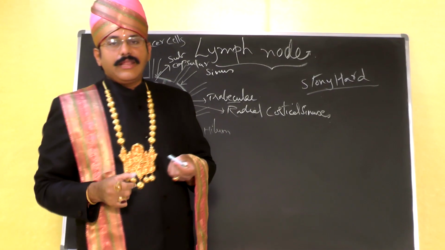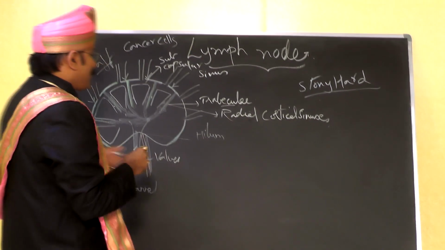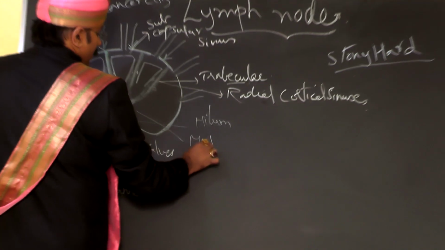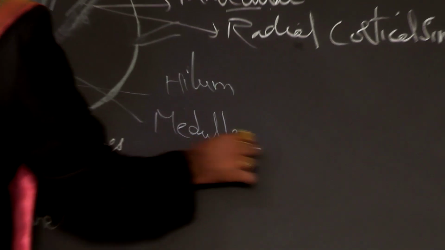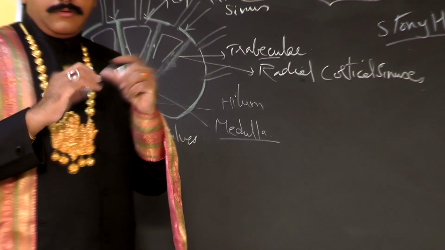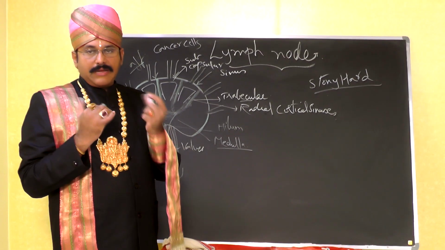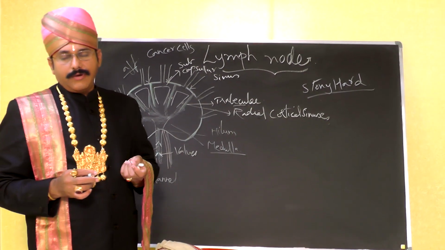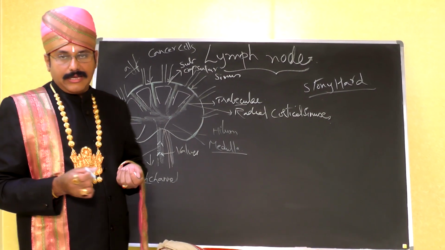That is, if the lymph node is infected. Now here you have the cortex and medulla, the inner part, where the sinuses have joined up, they have summed up, and then they have continued out as the efferent lymphatic channel.